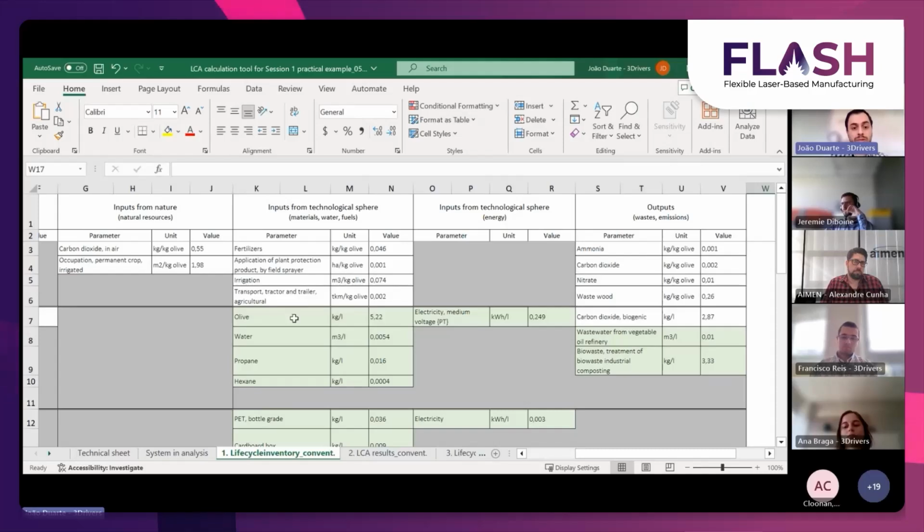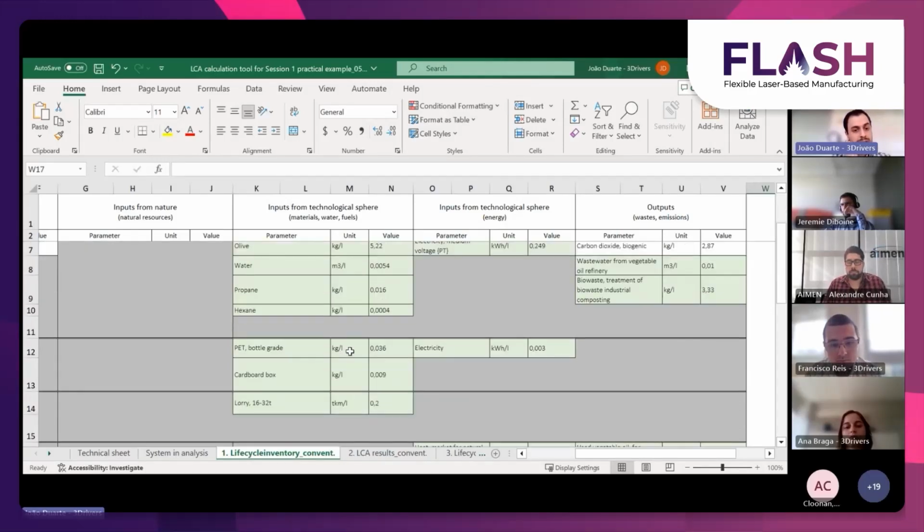Then when we start modeling the next life cycle phase, because the functional unit is 1 liter, we introduce the amount of olives that we need in order to produce the 1 liter of olive oil. And all the other inputs for this stage are defined as the amount needed for 1 liter.